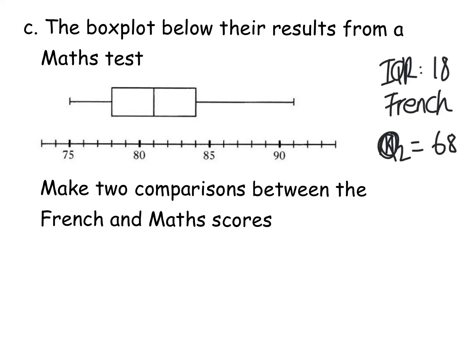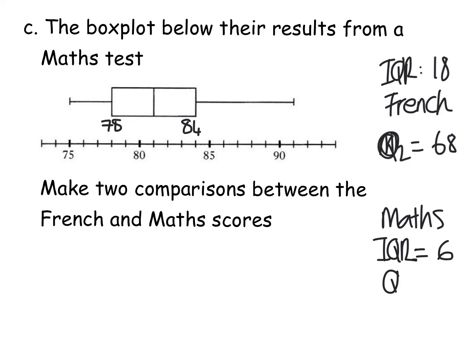That was my French. For maths, my interquartile range, we're going to get this from the box plot. My interquartile range will be 84, take away 78, which is 6. So my interquartile range is now 6 for maths. And my median for maths is this line here, which is 81.